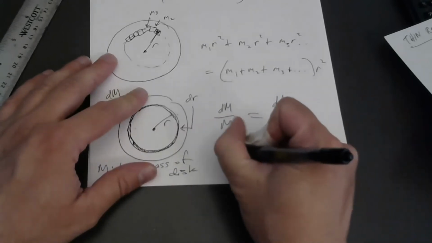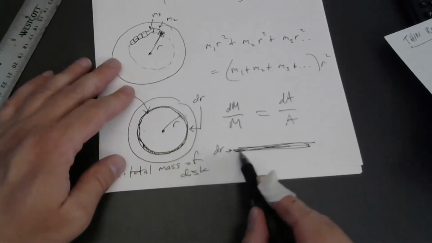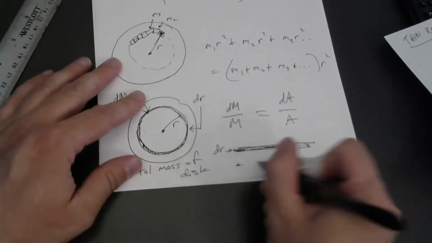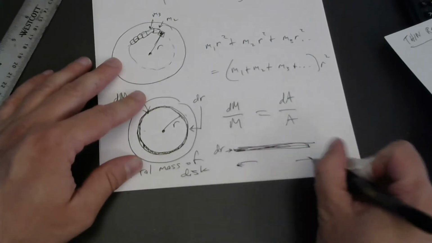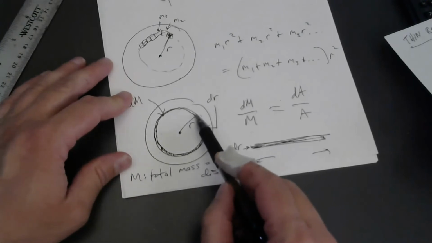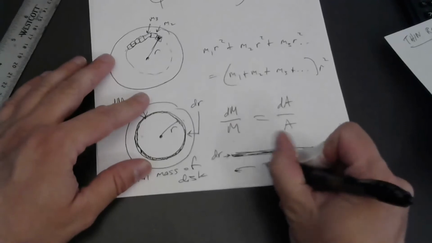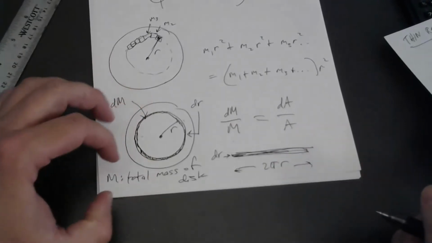Well, the thickness here, we already agreed was dr. So dr is like the height of this skinny rectangle. And what would the length be after you've rolled it out? This length is equal to what we call the circumference. And you all know that to get circumference, you take radius and multiply by 2 pi. 2 pi r is the circumference.